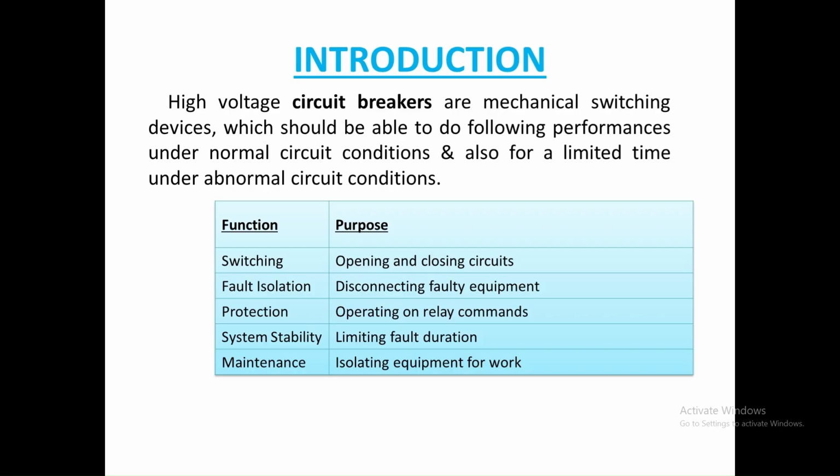So these are the functions and purpose of the circuit breaker: switching, fault isolation, protection, system stability, and maintenance. During abnormal conditions as well as required maintenance schedules, the circuit breakers are operated to isolate the equipment.